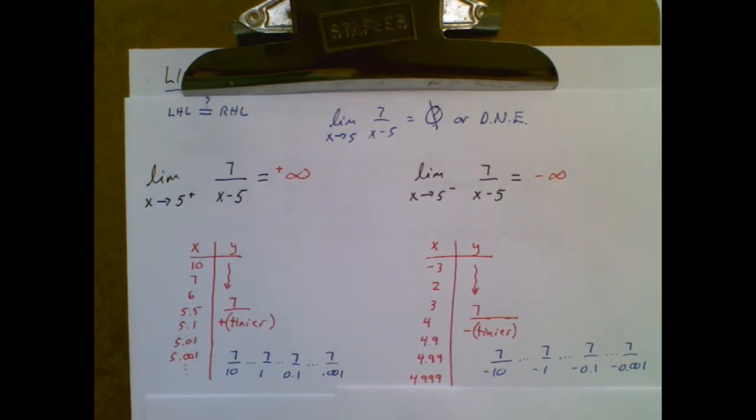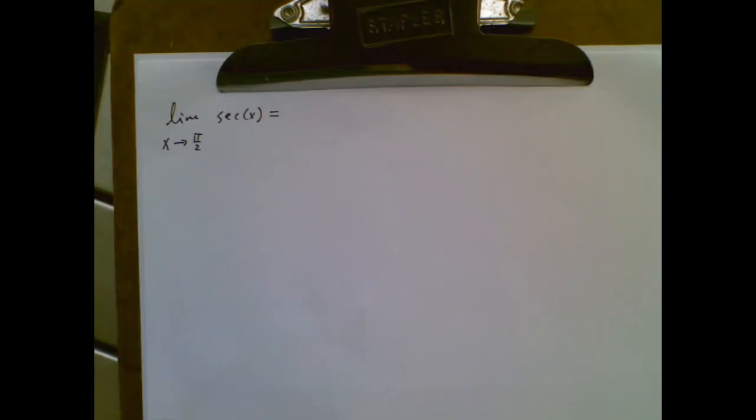All right, let's do another one like this, but it's going to get a little bit freaky. Okay, you can probably see why this one's going to get a little bit freaky. We're using a trig function, and we're using secant. That's not fair. You can't use secant. It's not one of the famous ones.